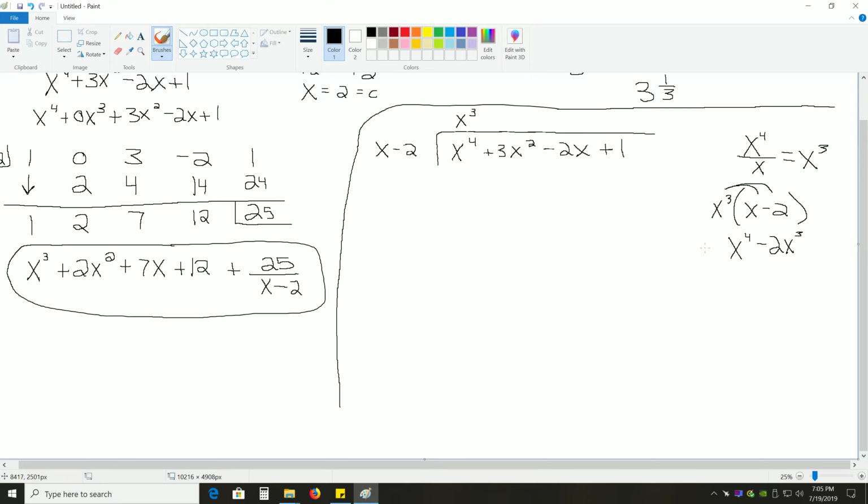And remember, we are subtracting this. We always subtract this value in long division, which means we're going to multiply it by a negative, giving us negative x to the fourth plus 2x cubed, which we'll put down here.